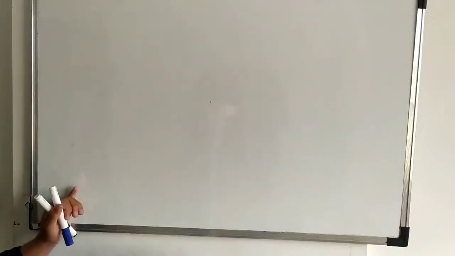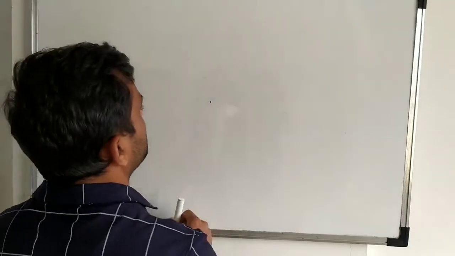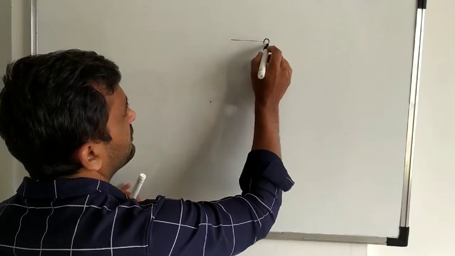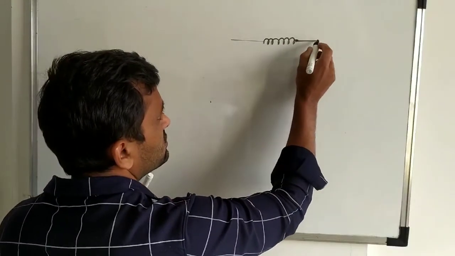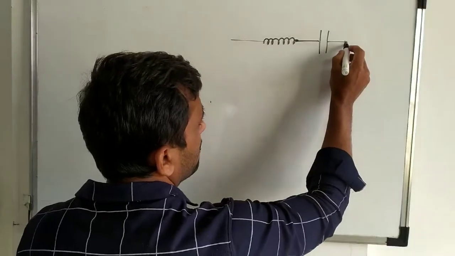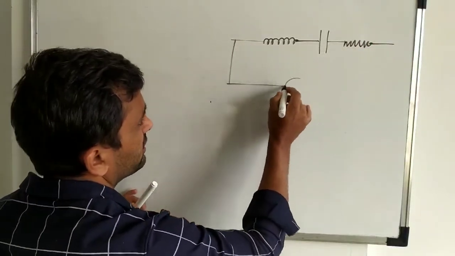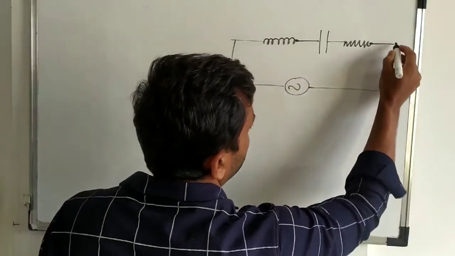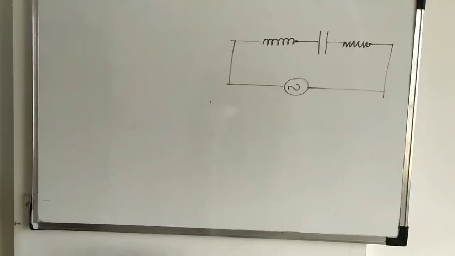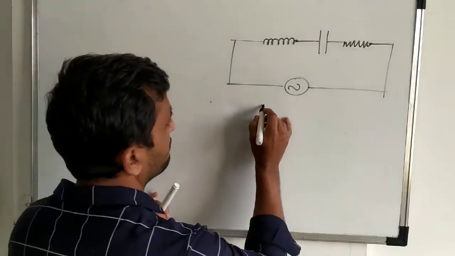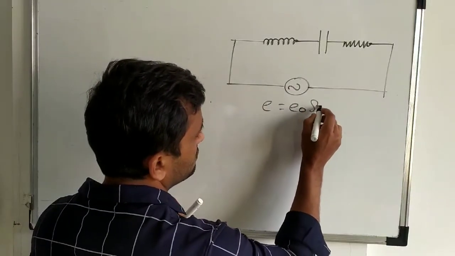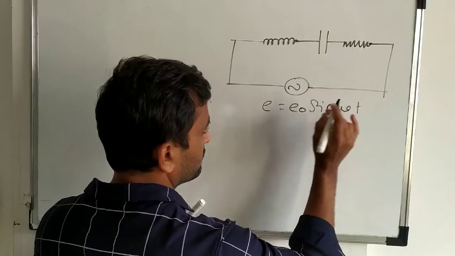LCR: L means inductor, C means capacitor and R means resistor. These all three are connected to the AC source. Now what is the applied EMF? The value of the applied EMF is E naught sine omega t.